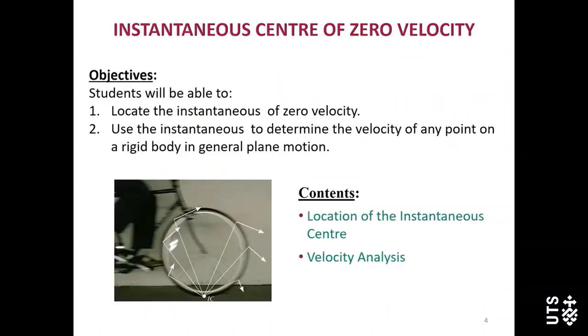We will study how to determine the location of instantaneous center of zero velocity of a rigid body undergoing general plane motion. And we will learn how to use this method to do velocity analysis.